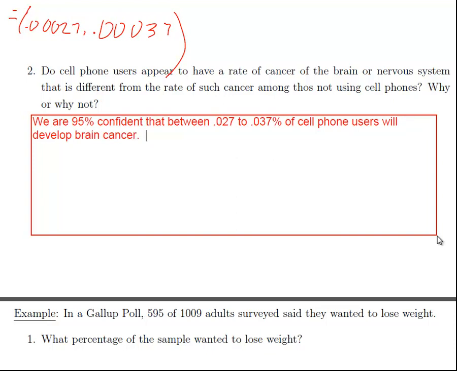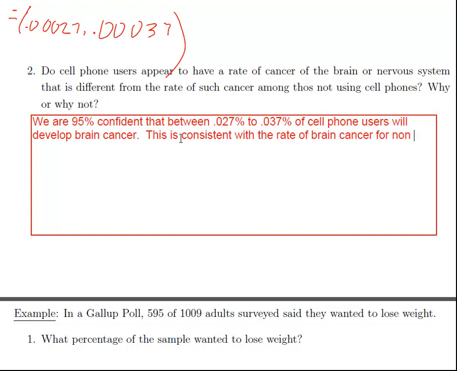However, this is not inconsistent with the 0.034 because 0.034% is contained in that interval. So the answer to the question would be this is consistent with the rate of brain cancer for non-cell phone users. All right, so that's a little bit of review of what we did last week.